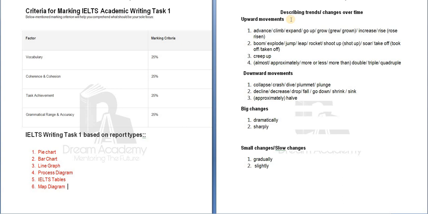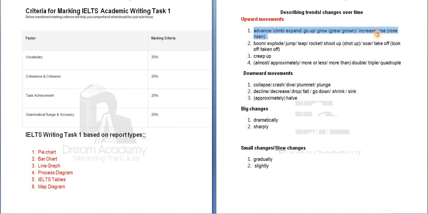So here, upward movements. So for upward movements, here are 4 tips. First of all, you should use advance, climb. These are the upward movement. Expand, go up, grow. It's grew, grown, past participle form.